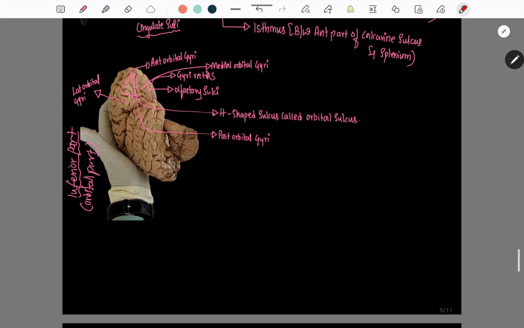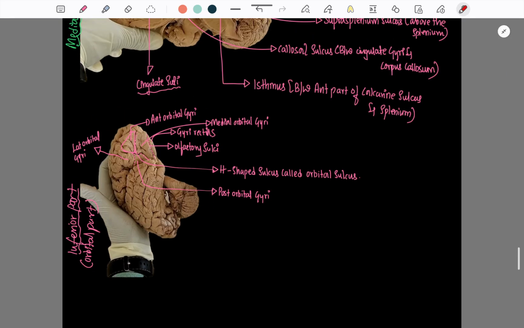Now coming to the inferior surface, in the beginning we saw that it is divided into orbital part and tentorial part by the lateral sulcus. Okay, now coming to the orbital part, you can see a sulcus called the olfactory sulcus.